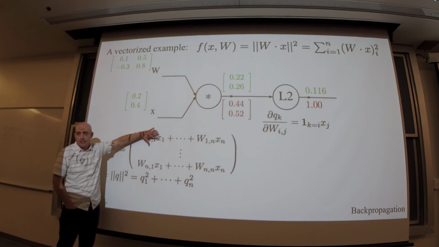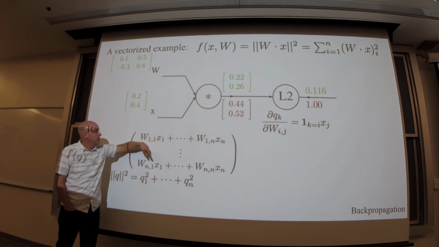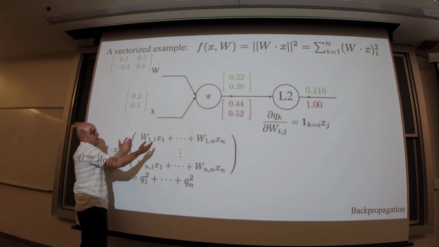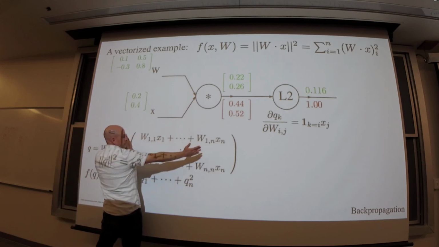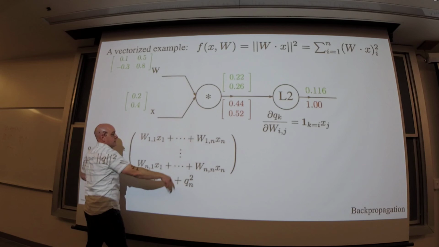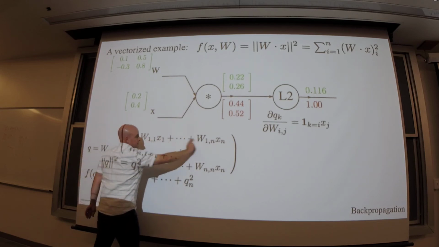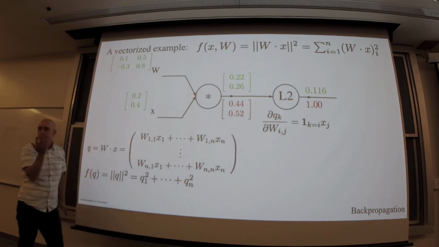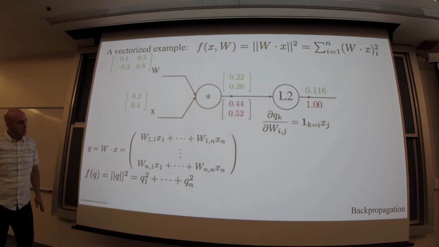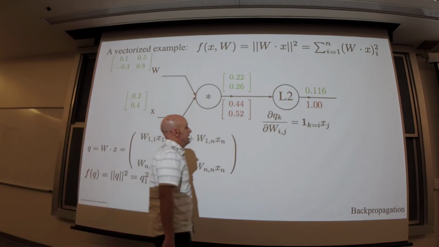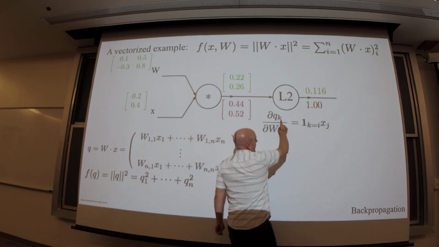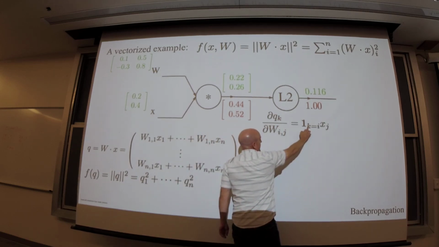Just look at this term here. I take the partial derivative of this entry, it's not even a row, it's just one entry because this is a vector. When I take the partial derivative of this with respect to W11, what do I get? x1.